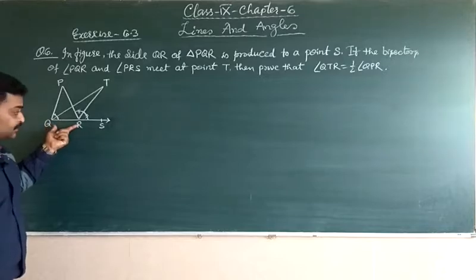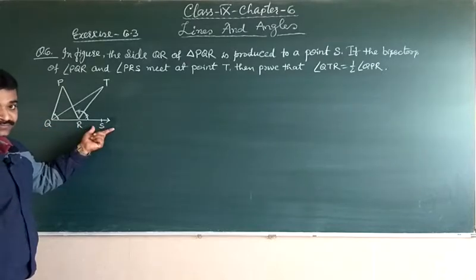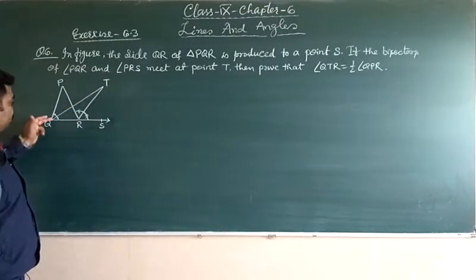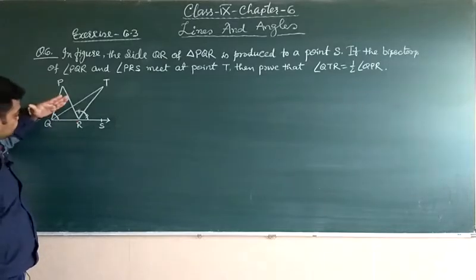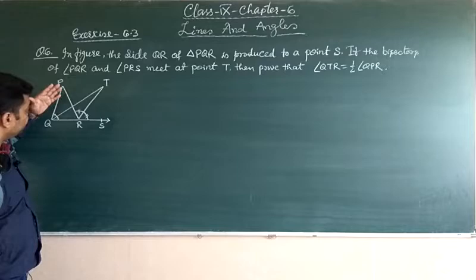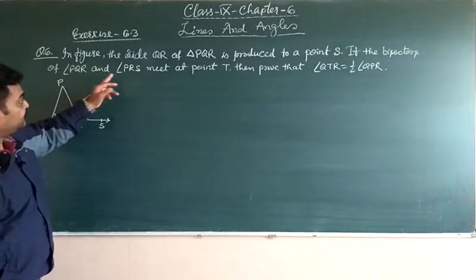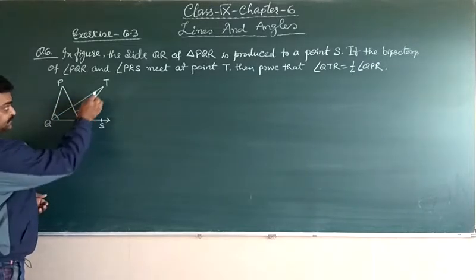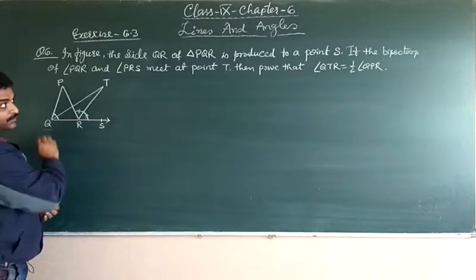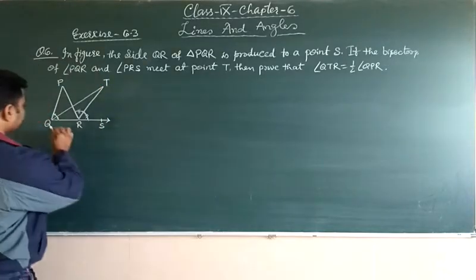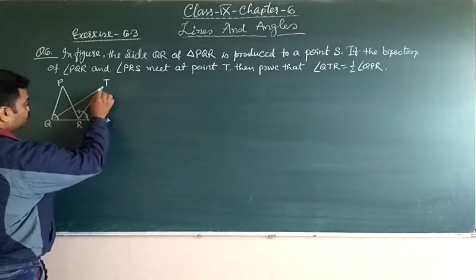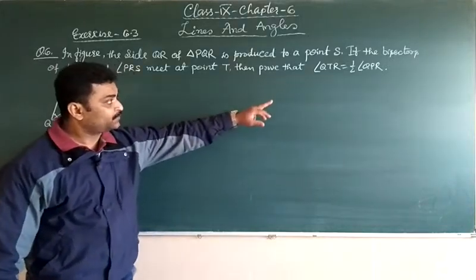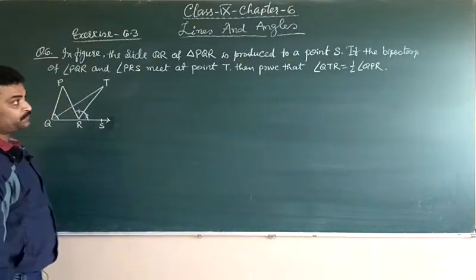This side QR is produced to point S. If the bisectors of angle PQR, that is this angle, that means this line is the bisector of angle PQR, angle Q, and PRS, this full angle, and the bisector is TR, meet at point T. The bisector of angle Q and the bisector of angle R, these two are meeting at point T.